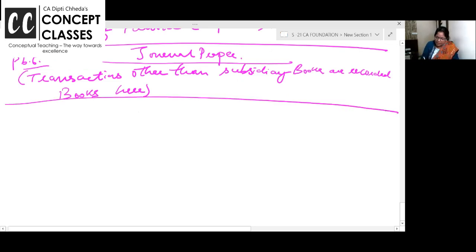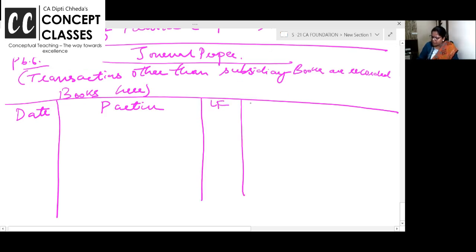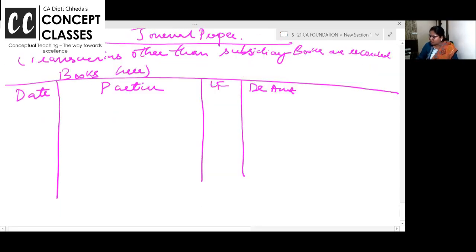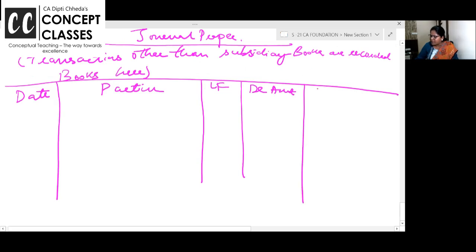What will be the format of journal? This is a proper journal entry. So date, particulars, ledger folio, debit amount, credit amount. One full page, you will do it very quickly. Debit amount and credit amount.